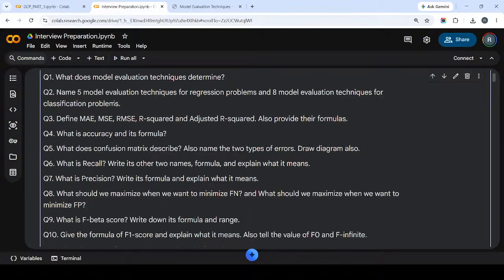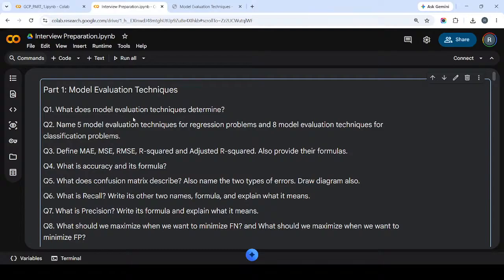I will ask questions one by one, then I will explain them. Let's start with the first question. The interviewer may ask: what do model evaluation techniques determine? Meaning, the interviewer wants to know why we use model evaluation techniques. If we are developing any model, like a classification model or regression model, we need to find out how our model is performing.